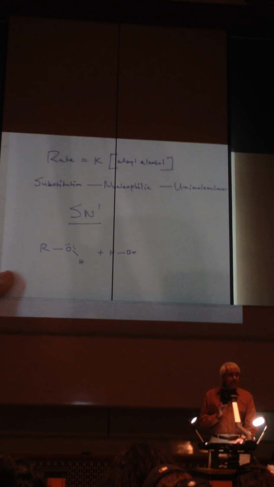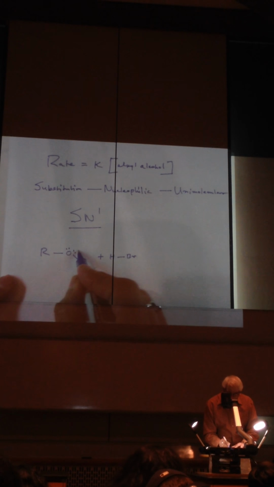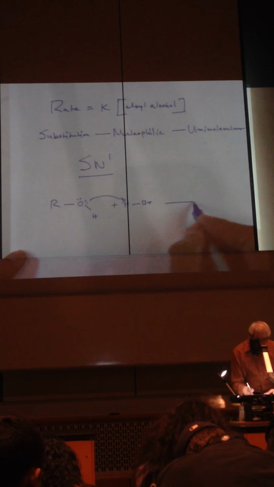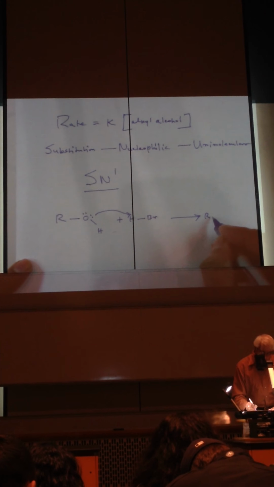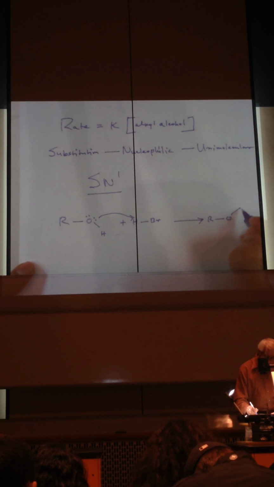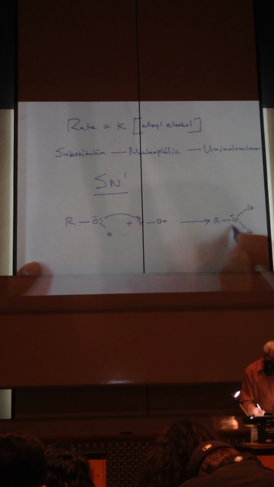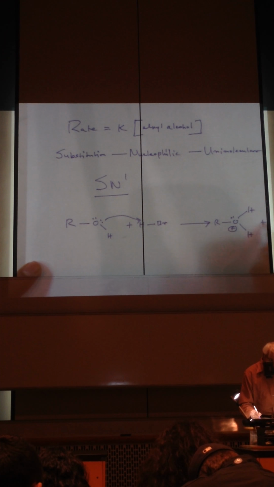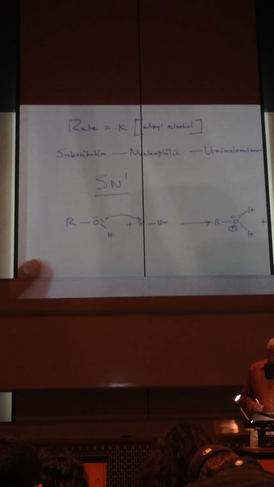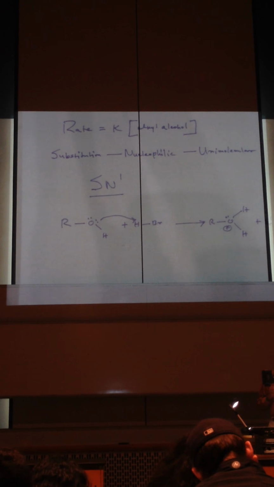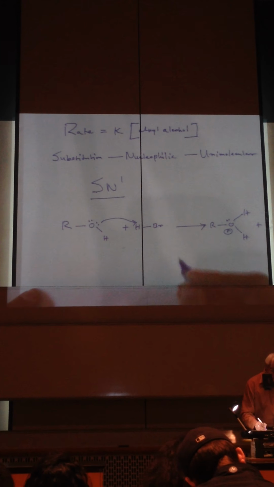So the very first step is attack by one of the electron pairs on the oxygen to the proton of the acid, which can transfer the proton. And in the process, therefore, what is generated is RO connected to two H's now. I'm not showing all the electrons involved. So this is the first step, step 1.